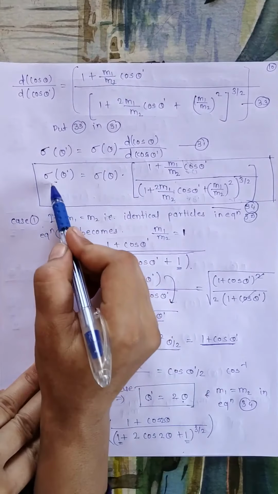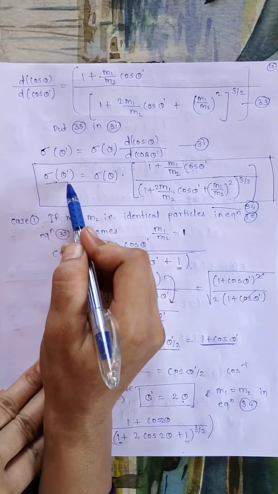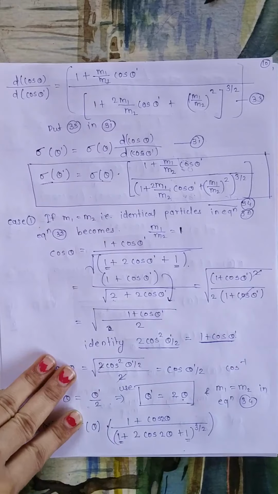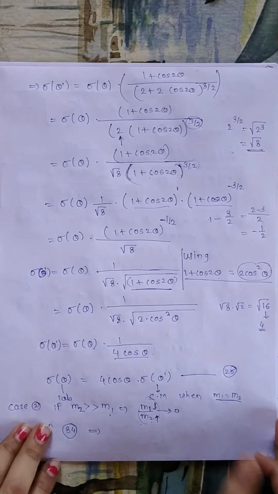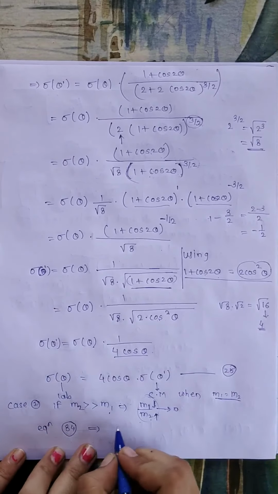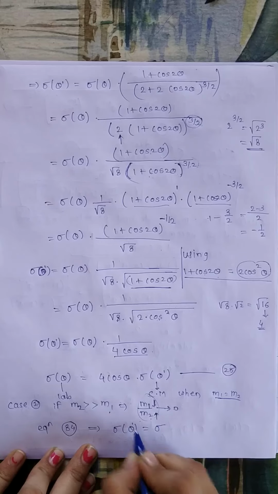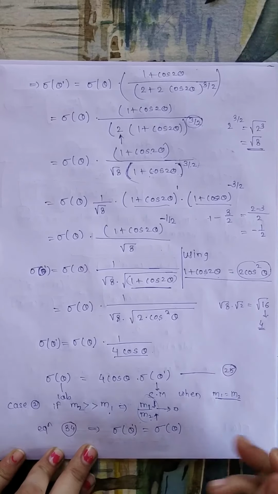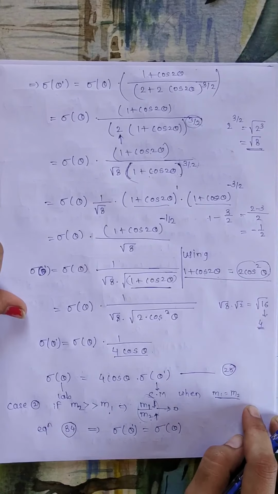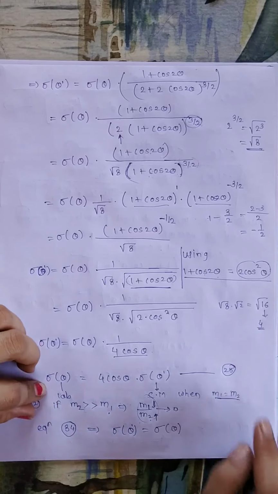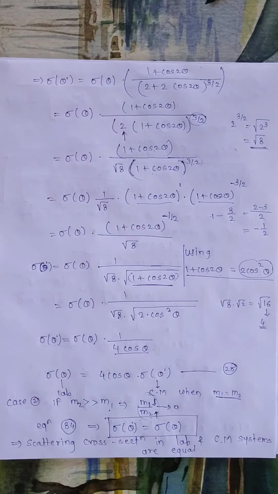That means equation 34 will be just sigma of theta dash equals to sigma of theta by substitution of this M1 upon M2 equal to 0. Therefore, equation 34 becomes sigma of theta dash equals to sigma of theta. That is, scattering cross section in lab frame is equal to the scattering cross section in center of mass frame.